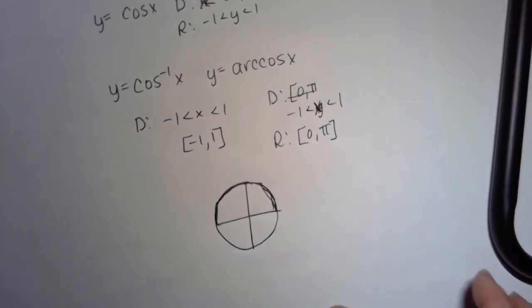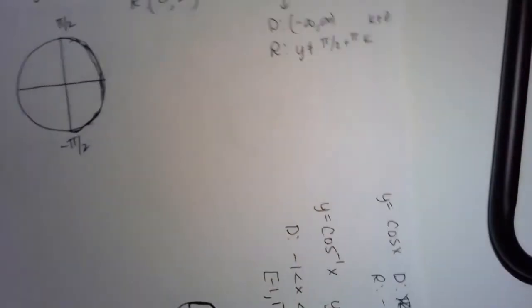Okay, so we know that when we compose, to show that something is an inverse of another thing, we compose them in both directions. Now, this one's a little bit more complicated, right?